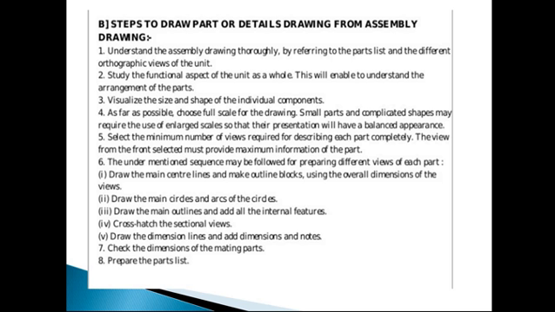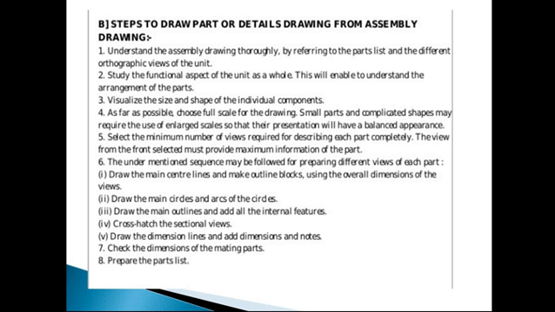Whenever we start to draw all the views, first draw a main center line, then mark the outline blocks, for the front view, top view, and side view. Whatever we have imagined or seen in our assembly drawing, the length and width of that part, first mark it using outline blocks.